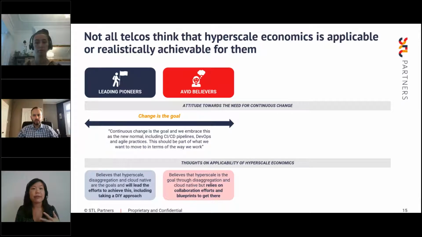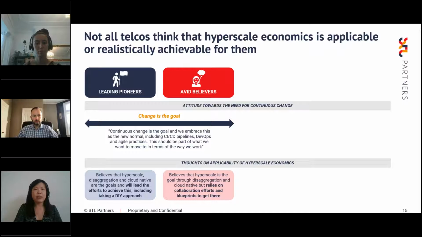On the far left, you have leading pioneers who are spearheading the efforts to achieve this, which includes, for example, taking a DIY approach, i.e. assembling or reassembling disaggregated components, taking on the integration elements, and also essentially leading collaboration efforts within the industry with vendors and other operators to create blueprints for others to adopt. You then have the avid believers who also see change as part of the transformation rather than the barrier, but again, maybe more reliant on blueprints and forums to sort of pave the way.